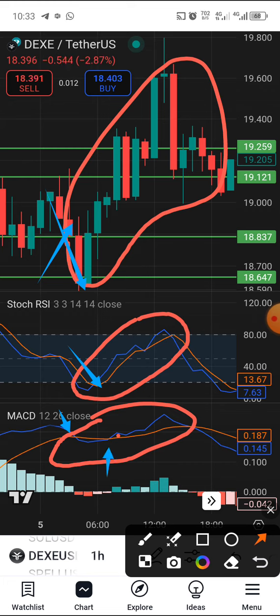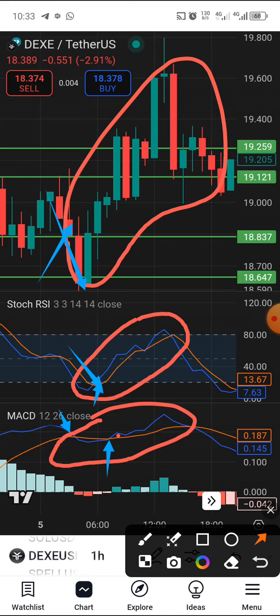when the MACD formed a golden cross, our RSI also formed a cross. And this cross here, when the blue line crosses above the brown line, that is also a golden cross.